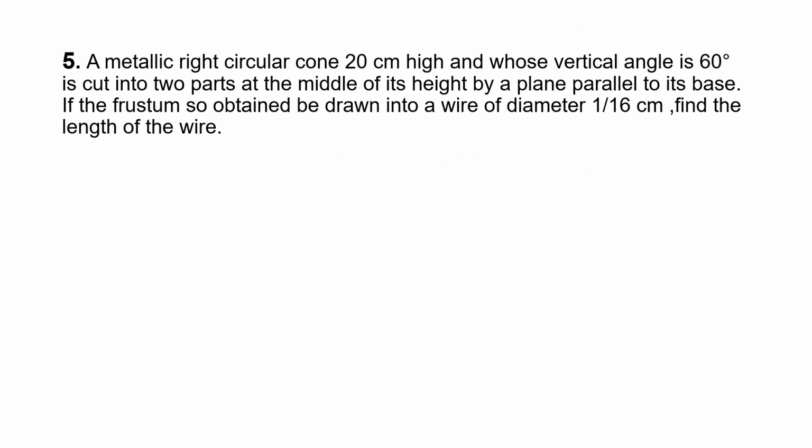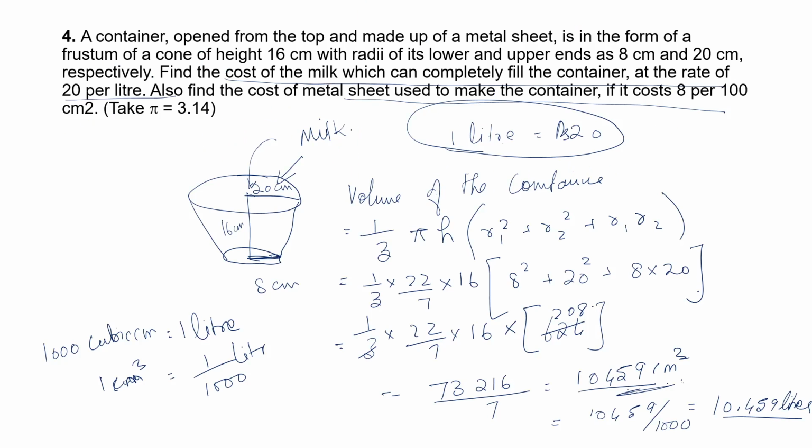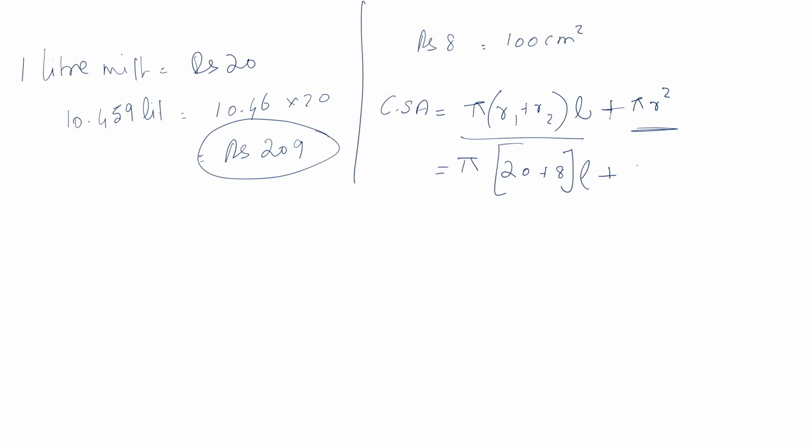We should not take it as R, we should take it as R1 because this is the bottom one. Bottom one is 8, so 8 square. But for this we need another data which is L. So first we find L, and then we can substitute here.